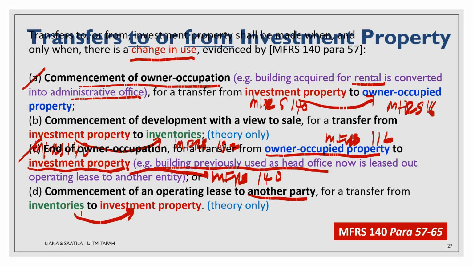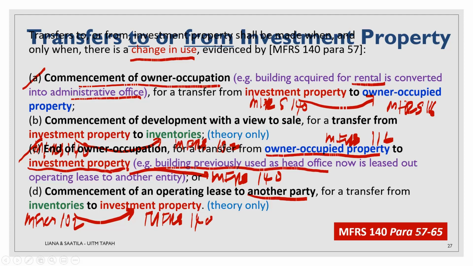First, you are selling your buildings, your houses, because it's a construction business. Now you decide to have it rented out or for capital appreciation. So there was a transfer from MFRS 102 inventory to MFRS 140, which is investment property.